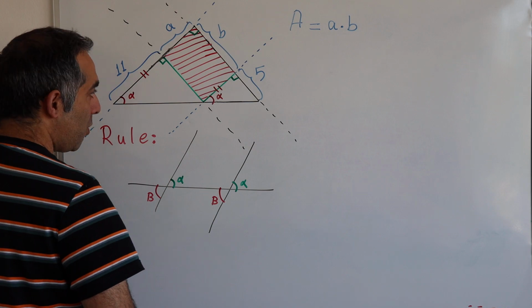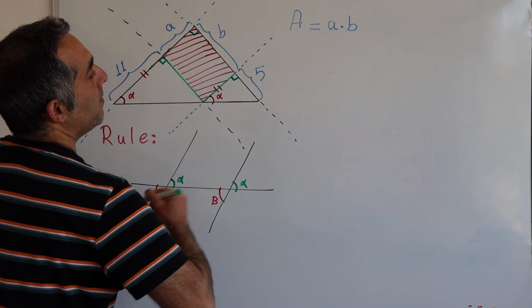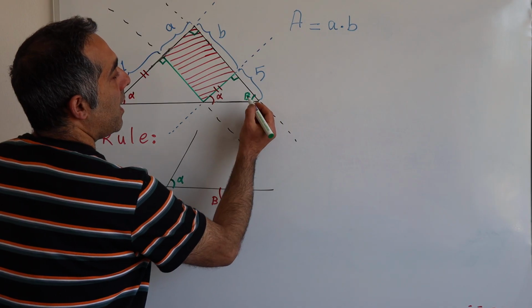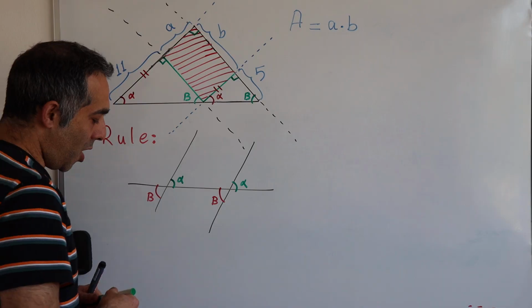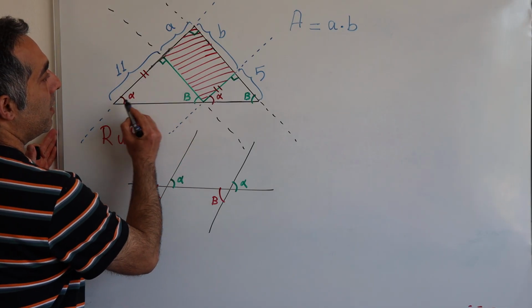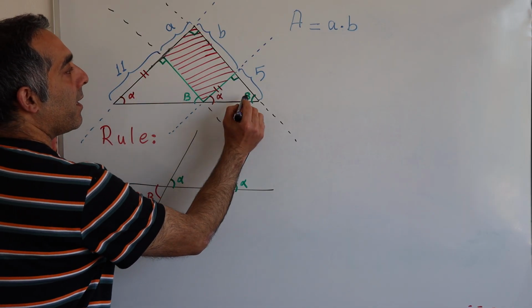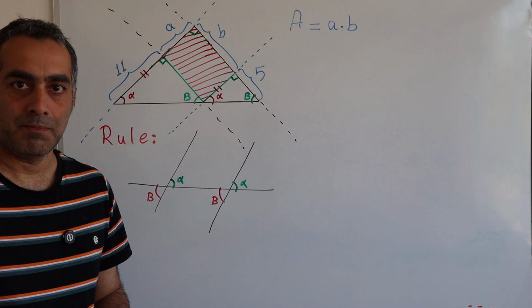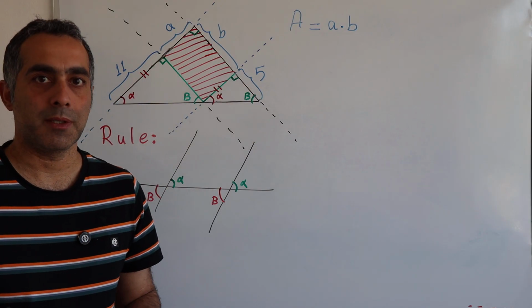So you have two other angles. I call it beta here, and the similar one is here, beta. So now you have a triangle here and a triangle here, and the three angles of them are the same.